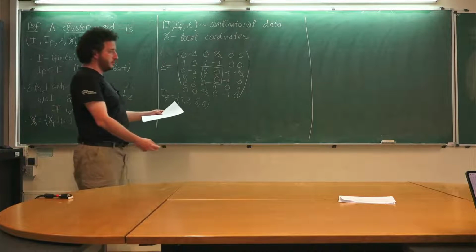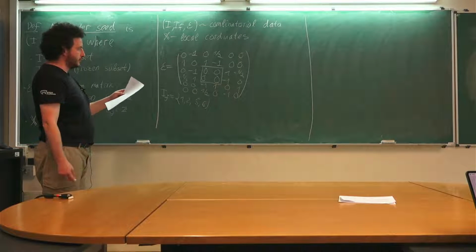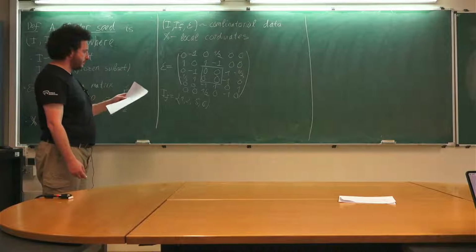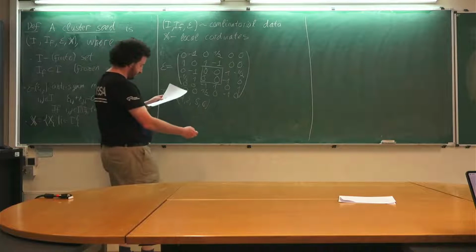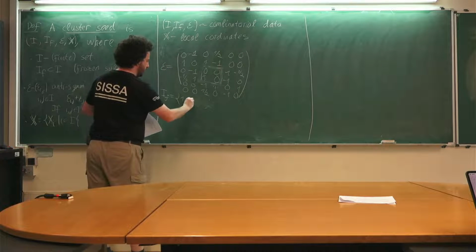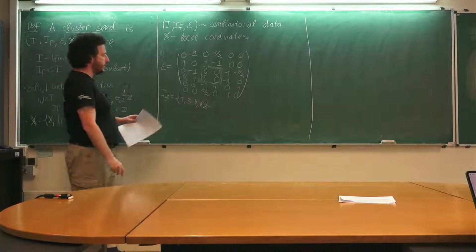And now, how do we draw the corresponding quiver? Actually, maybe I want the frozen ones to be 1, 2, 5, and 6, like this, whatever.